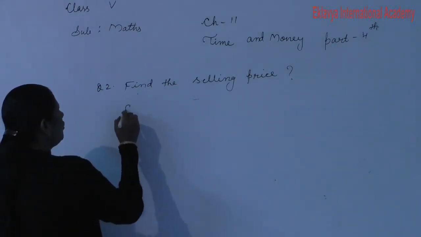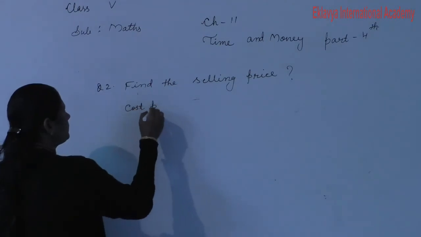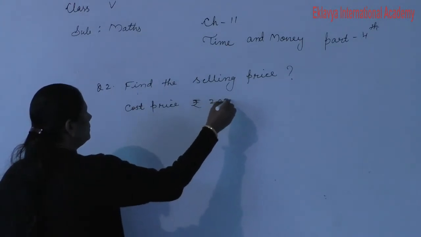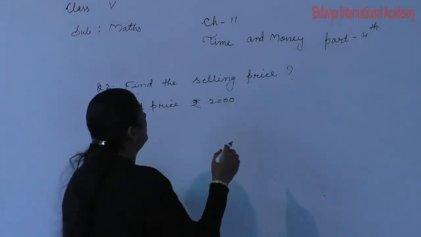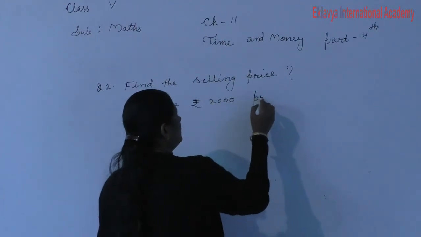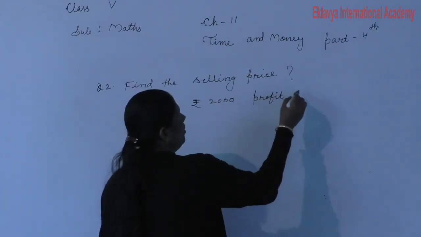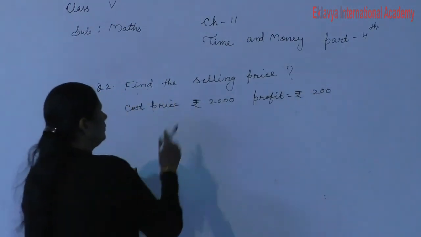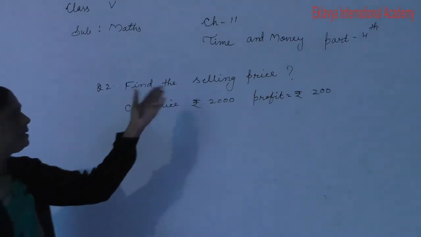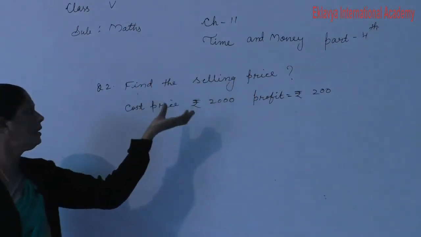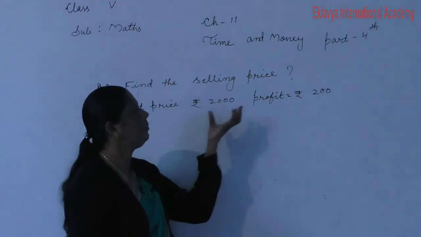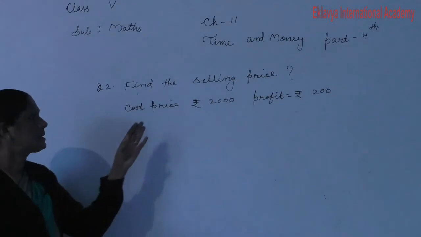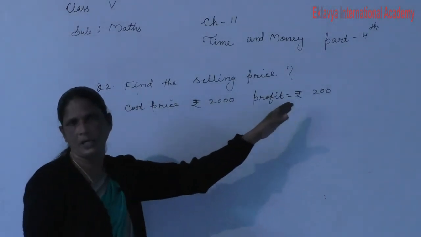Cost price rupees 2000, profit rupees 200. What do we find? Selling price. Here cost price is given, profit is given. Which formula do we put? CP plus profit is equal to SP.